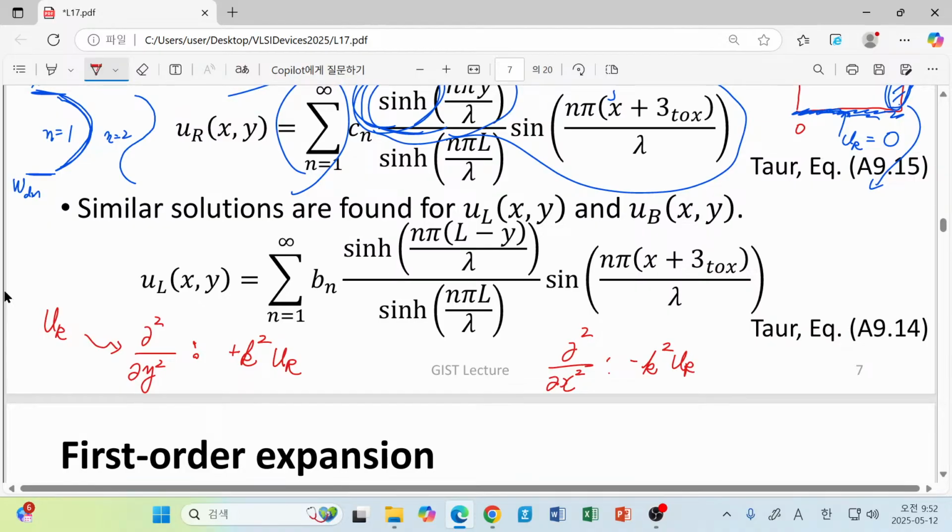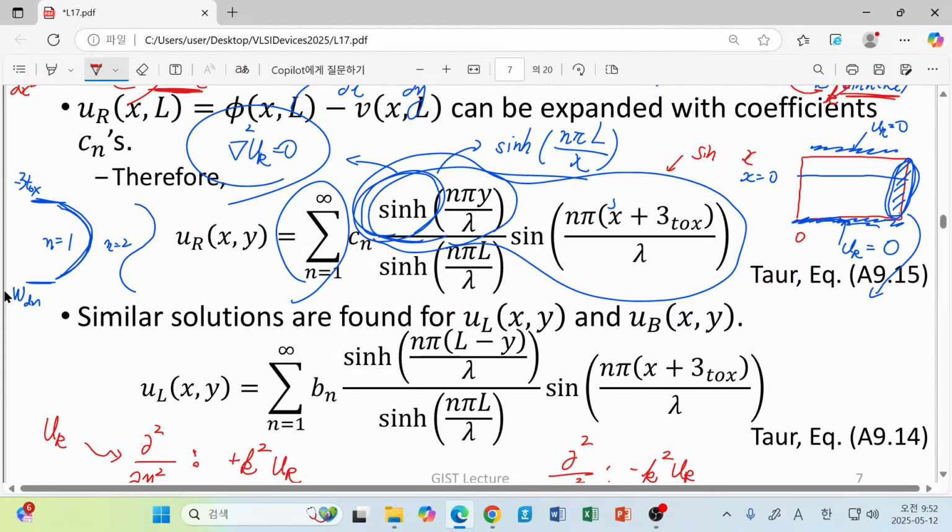And when they are summed up, this positive k squared and minus k squared cancel each other. So taking the Laplacian of this test function will give us just number 0. What is it? This test function just satisfies the Laplace equation.